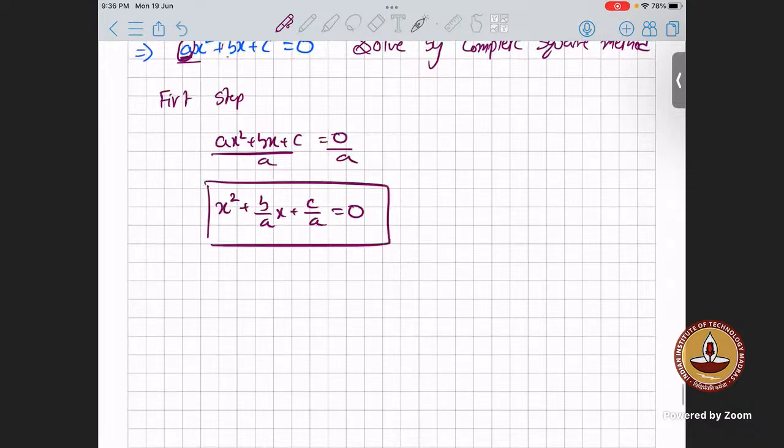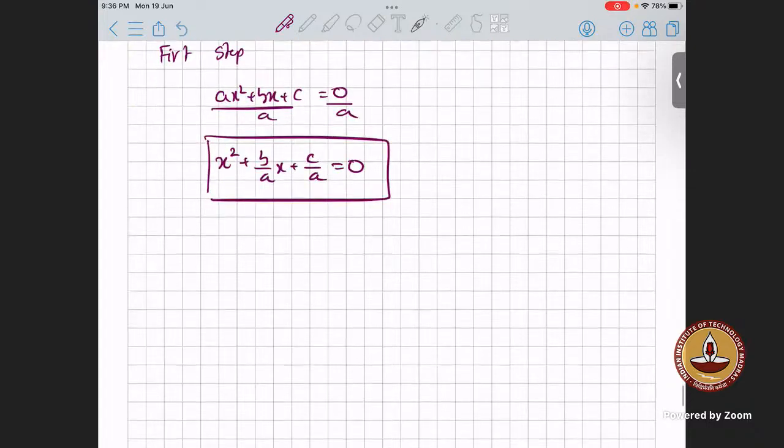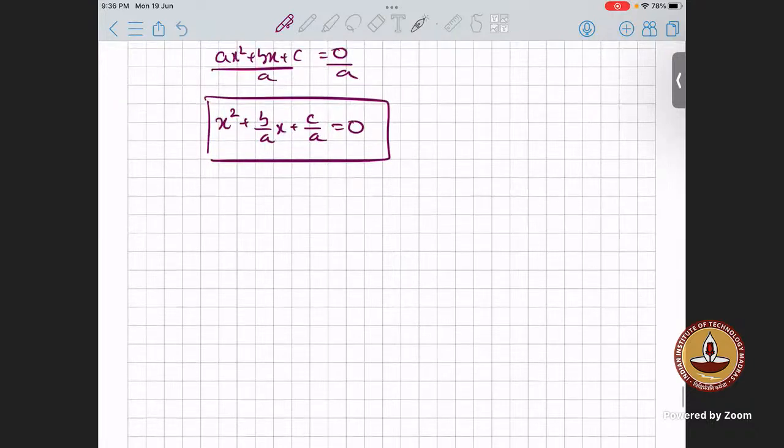I'm making it easy, because the last method is not that easy. So now x square plus, 2 into a is 1, so 1 into b by 2a into x plus c by a equal to 0.